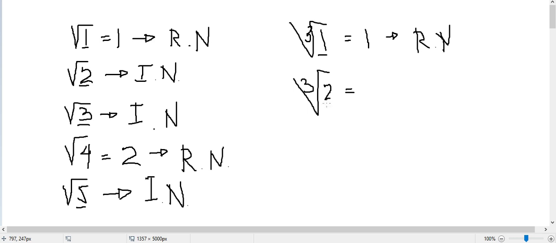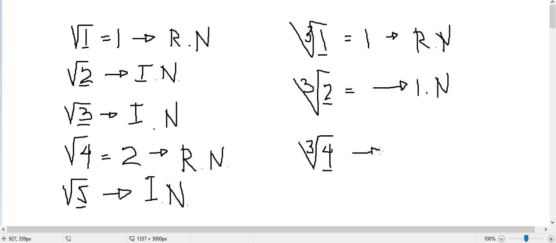How about cube root of 2? Cube root of 2 is an example of irrational number because the radicand 2 is not a perfect cube. How about cube root of 4? Again, the radicand 4 is not a perfect cube.